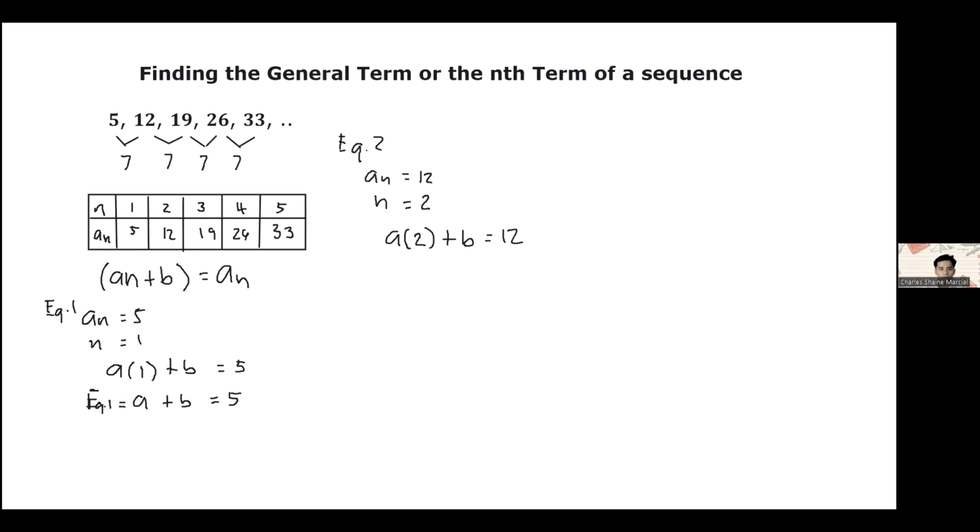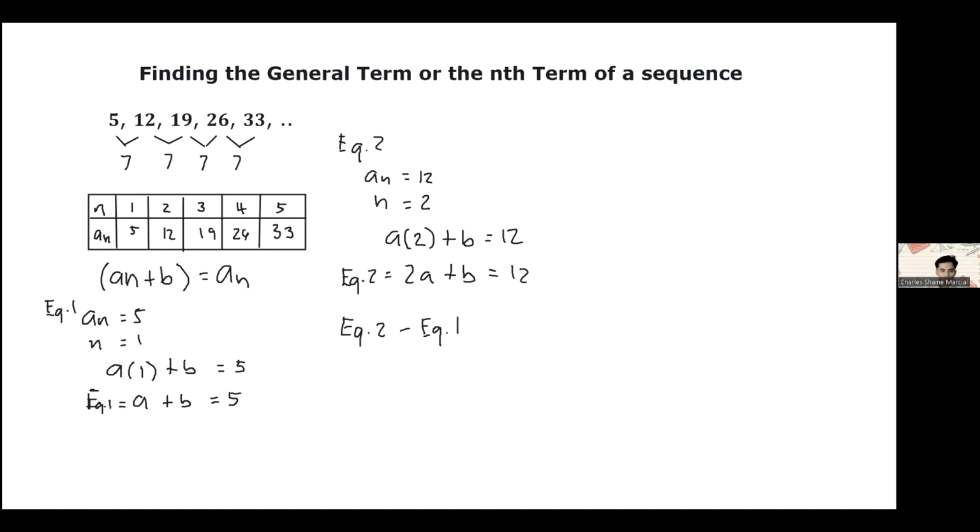Now a times 2 is equal to 2a, plus bring down b and also 12. Since meron na tayong equation 2 and equation 1, isusubtract natin si equation 1 from equation 2. So magiging equation 2 minus equation 1.